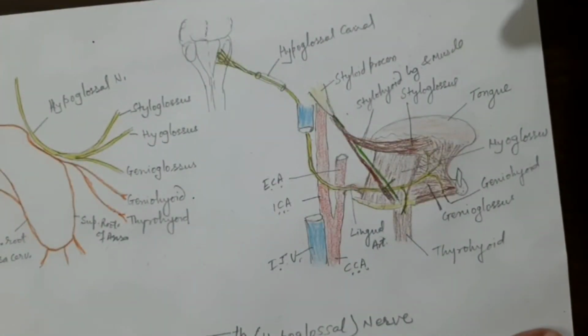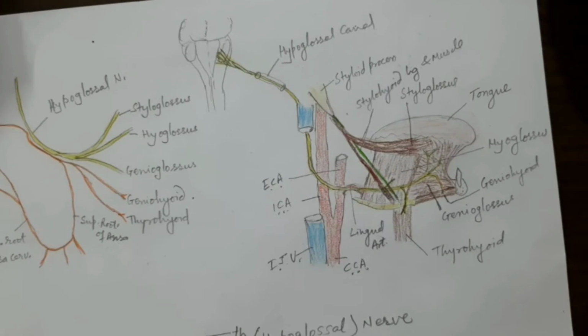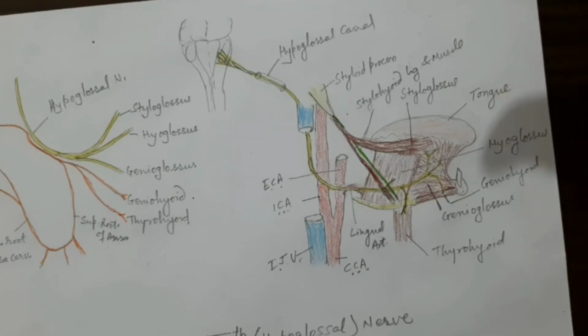Let us see the branches from the hypoglossal nerve proper. They will supply both kinds of muscles of the tongue, the extrinsic muscles which I have explained, and the intrinsic. Extrinsic muscles have one end attached to the bone, while intrinsic muscles are limited within the mass of the tongue, so they have no bony attachment.